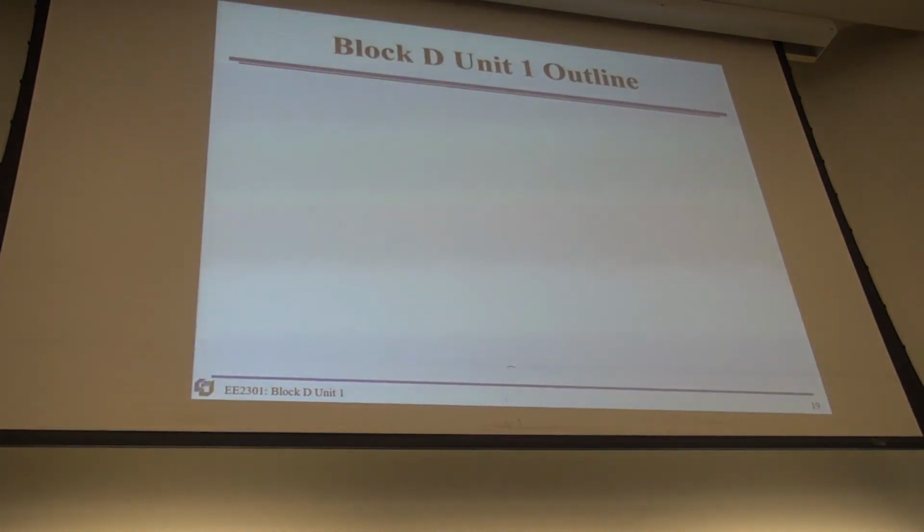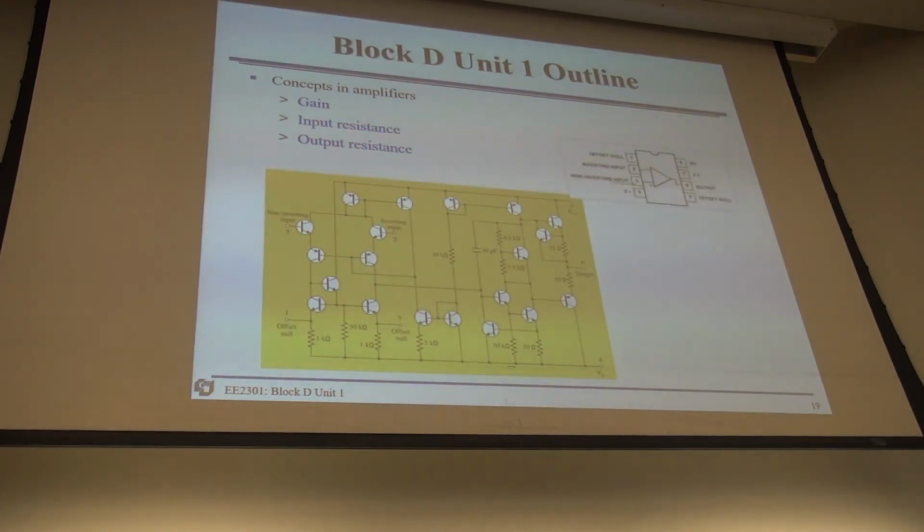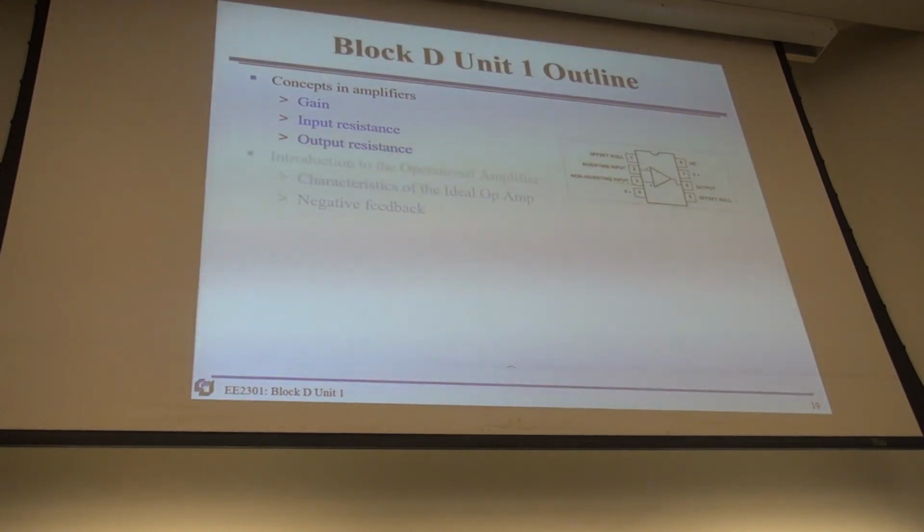If you buy the amplifier, it will look like that. It's much easier to use. In the next part, we're going to focus on op-amps, this type of integrated circuit.